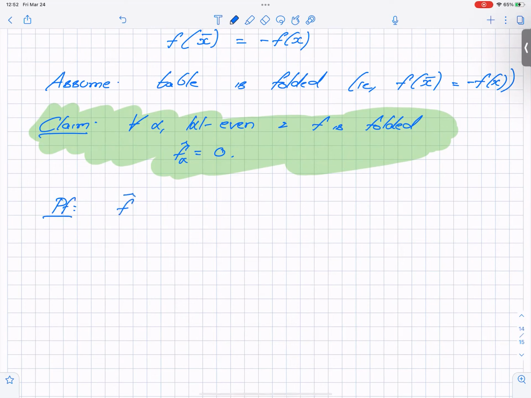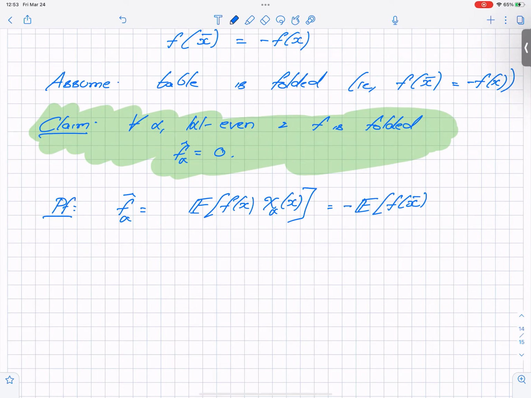So f hat of alpha is the expected value of f of x times chi alpha of x. It should be evident that, see a quick way of doing this. So this is also equal to the expected value of f of x bar.